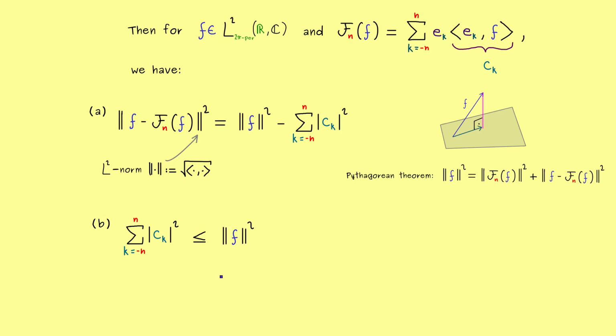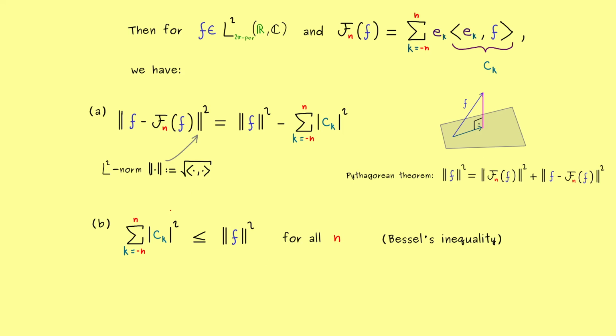Of course, this immediately follows from a, because the norm here, the left hand side, is definitely greater or equal than 0. Or if you want to explain it with the picture, the length of the orthogonal projection here is always less or equal than the length of f. So this is exactly what is stated here, and it holds for all n.